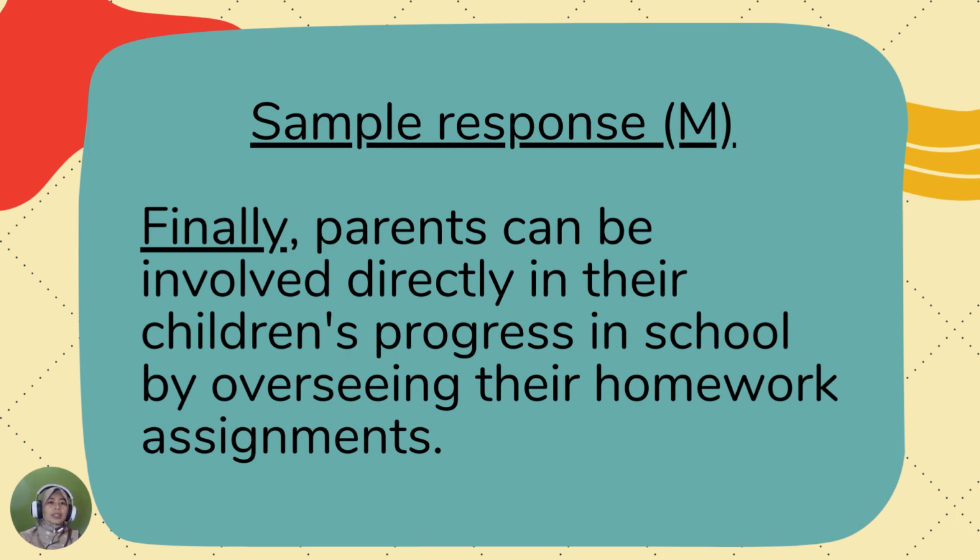So this is the third argument. This is the reason why this writer disagrees with the statement that homework should be abolished: parents can be involved directly in their children's progress in school by overseeing their homework assignments.